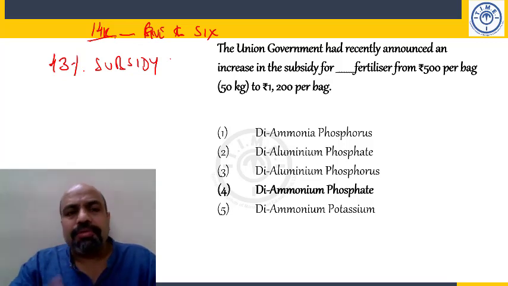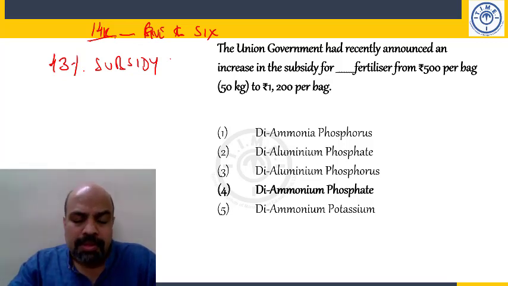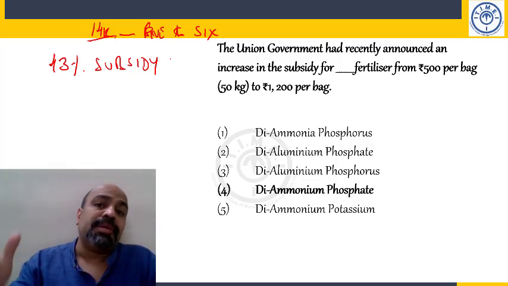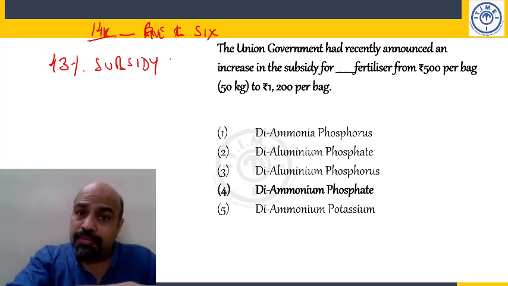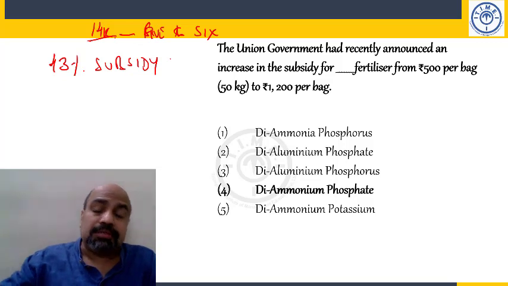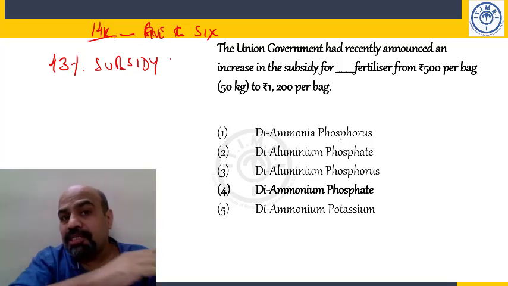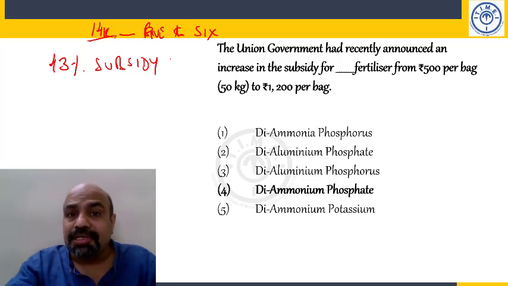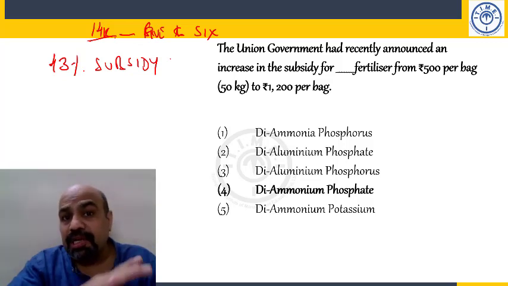So let's look at railways now. 43% subsidy. There are trains like the Rajdhani Express from Dibrugarh to New Delhi. Dibrugarh is in northeast Assam. From that place, the train starts, Rajdhani Express. And remember, all Rajdhani Expresses connect with Delhi.